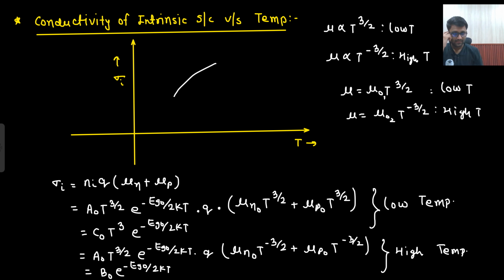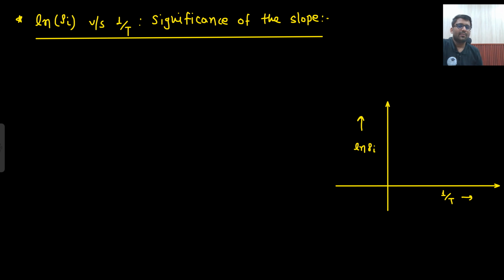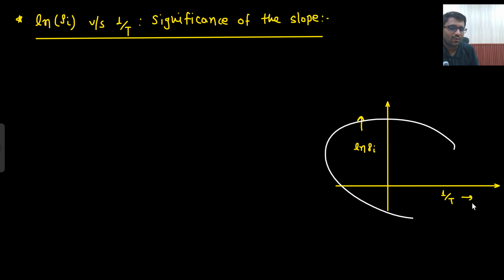Okay, so this is the graph, but another point is there. I will make the ln rho I versus 1 by T graph. What will be the significance of the slope of this graph?